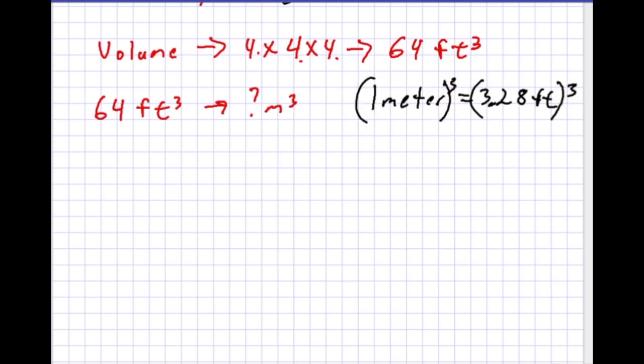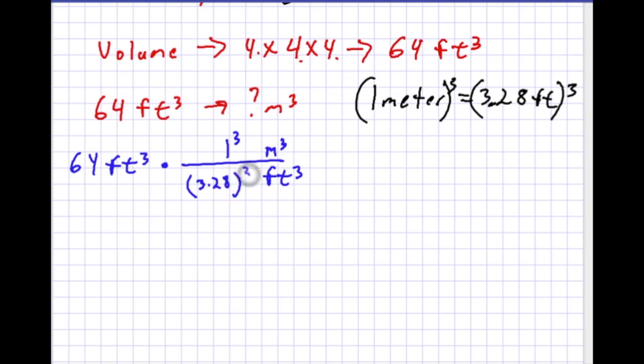Now I can go ahead and set up my problem where I have 64 cubic feet times, well, I got cubic feet on the top here. That means I need cubic feet on the bottom here, meters on top, and again, everything is cubed. So this 1 is cubed. This number, 3.28, is cubed.